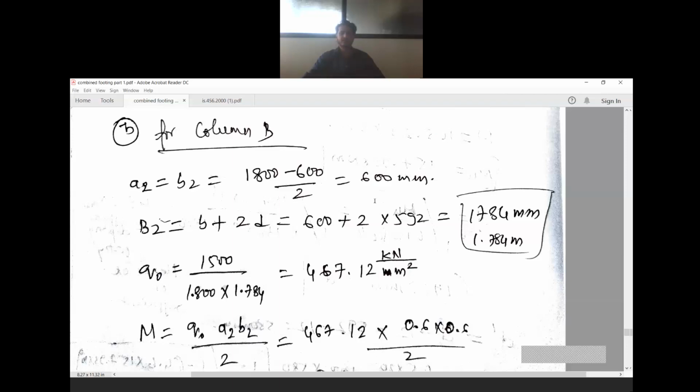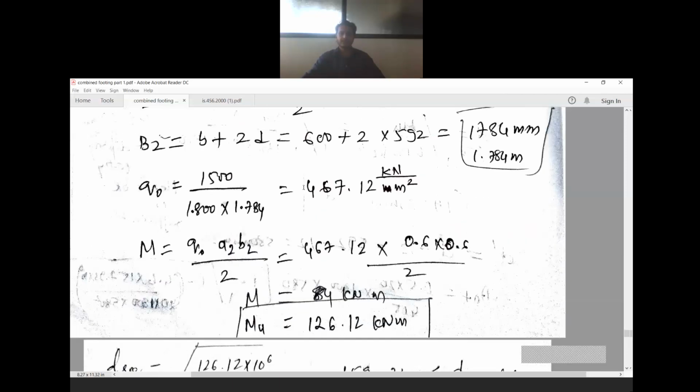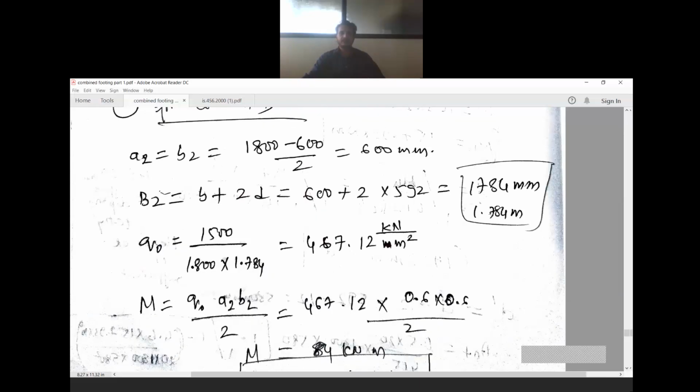So the value of A2 and B2 is 600 mm. So capital B2 region portion, that value B2 is equal to B plus 2D. Here B is 600, not 400. So here B is 600 plus 2 into D, effective depth 592. So the answer is 1784 mm, that is 1.784 m is the value of B2.